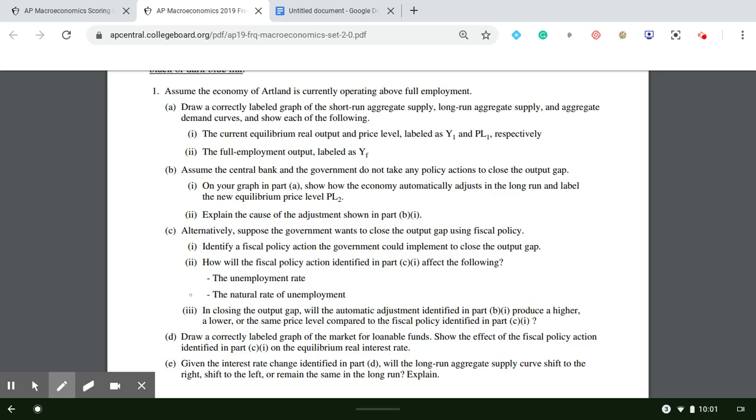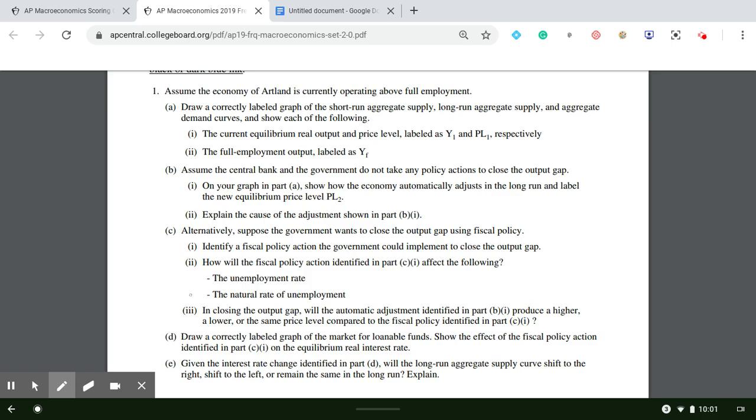So the idea here is if the interest rates fall, as they have, that means it's more attractive to take out loans. And when it's more attractive to take out loans, businesses increase their investment spending. If they increase their investment spending, that means we create more capital, the type of goods that make more goods.